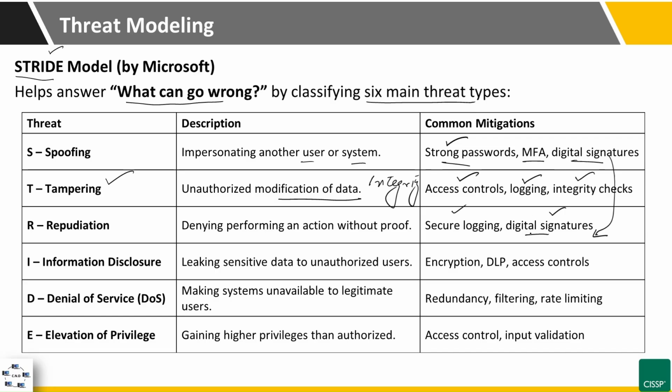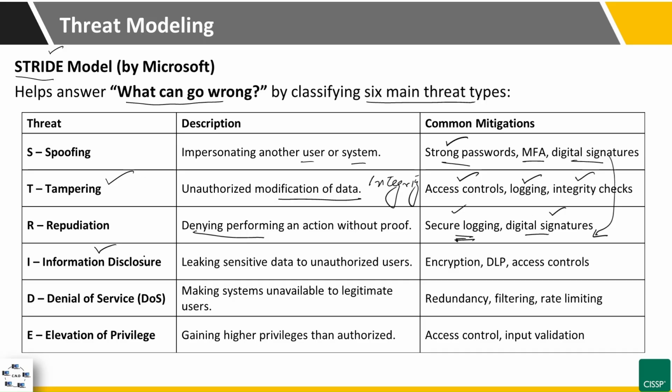So if an action is performed and a digital signature is used, the user or the system that performed that action later cannot deny having performed that action. Similarly, through secure logging, we can determine the timestamp, the user, the action that the system or user performed. So this also gives us mitigation against repudiation.